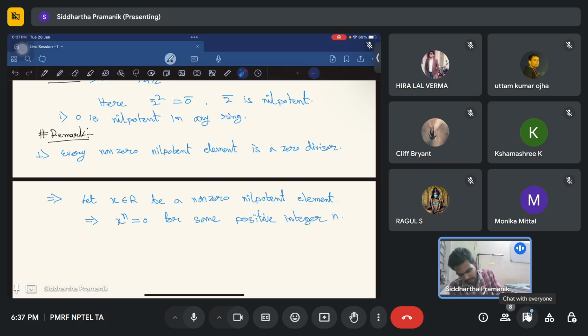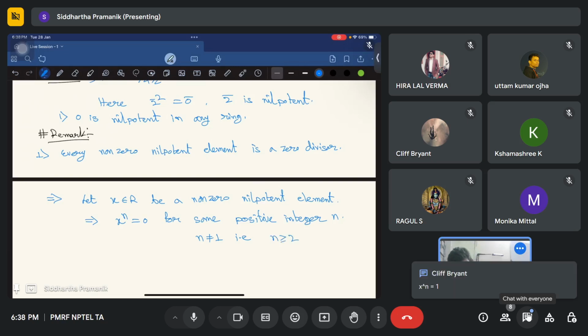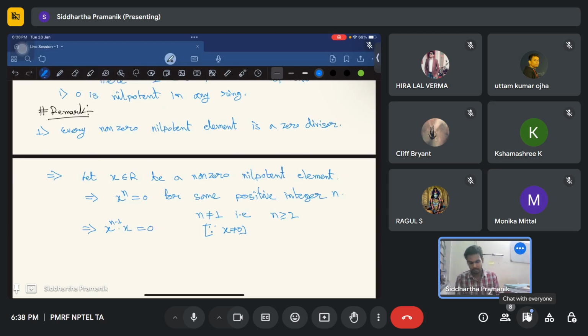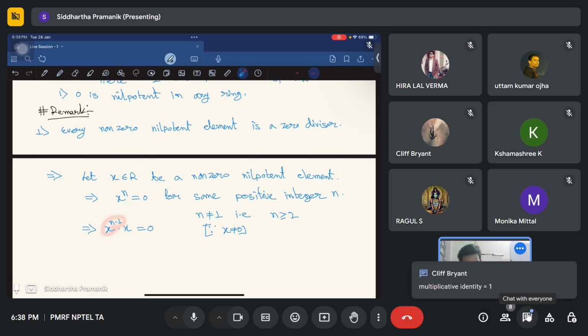Now notice that x is non-zero, so this n cannot be 1. So that means n is at least 2, because x is not equal to 0. So then you can write this as x power n minus 1 times x, and this is 0, and x is non-zero. Also we need to ensure that x power n minus 1 is non-zero.